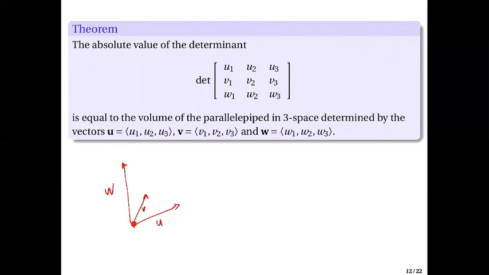Okay, so if you have these three vectors in this formation, the parallelepiped that you will be able to construct is the following. So you will have something like this, something like this, and then you will have this guy here, this guy here, and here. And then this guy here is for this part, and this guy here is somewhere at the back.